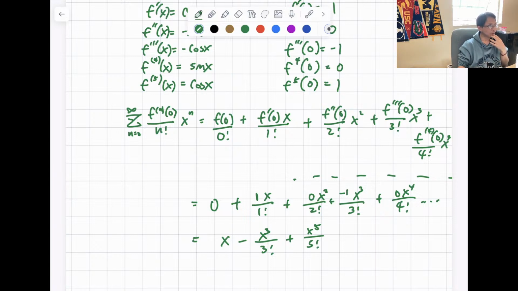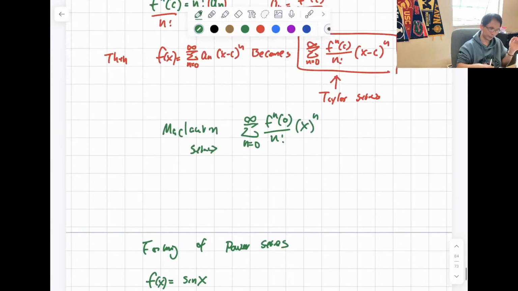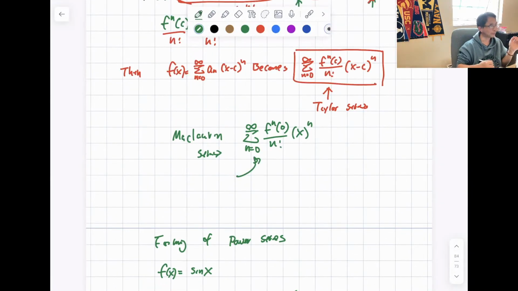So this is where yesterday you guys were asking, how do they come up with this? They use Taylor series. They take a derivative, plug in 0, and they use the Taylor format or Maclaurin format to figure out the rest of the thing.